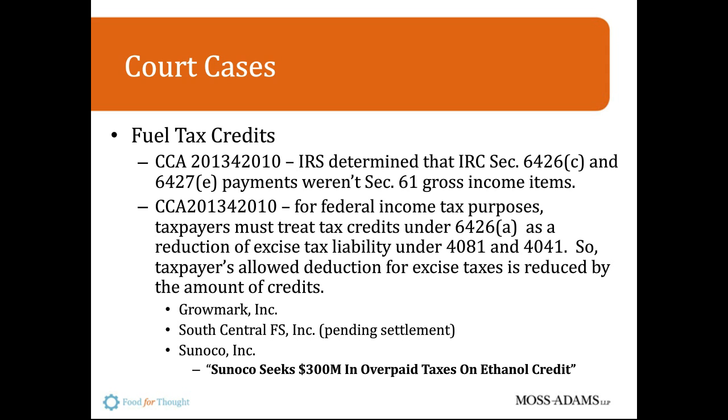And as you can see from that headline that I found while searching on Google, the dollar amounts in question are not de minimis. Sunoco is looking at $300 million, and I know that these other co-ops have had substantial tax savings, and so we're all interested to see how these cases are going to turn out.